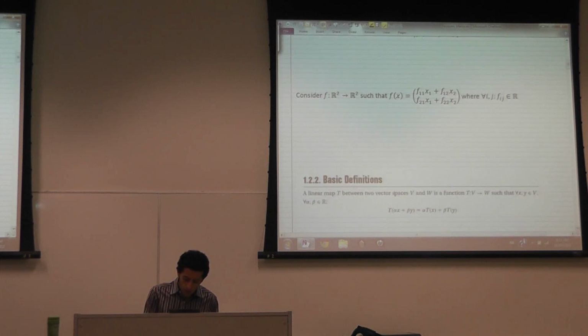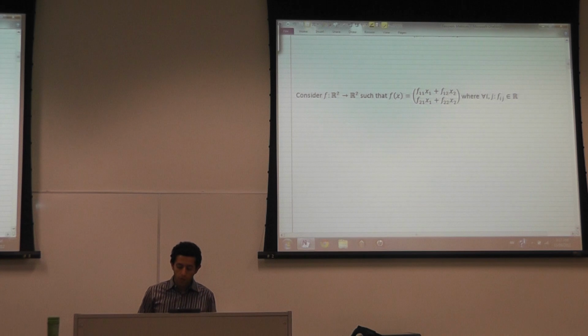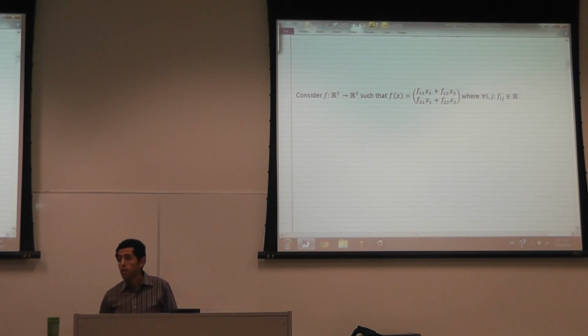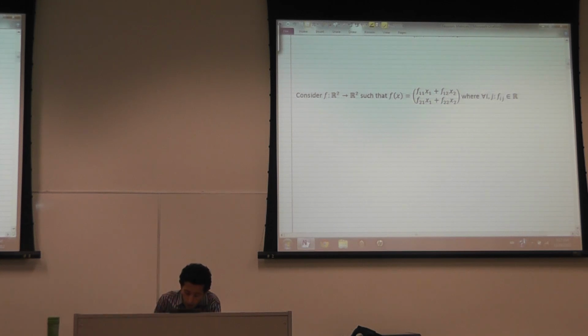Here's another function that takes a vector in R2 and gives me another vector in R2.